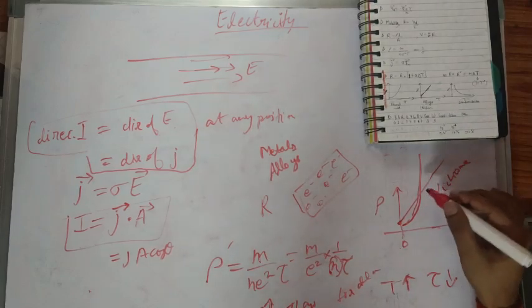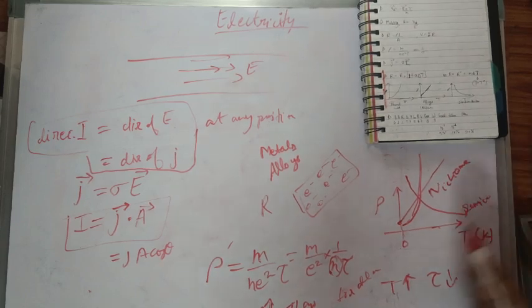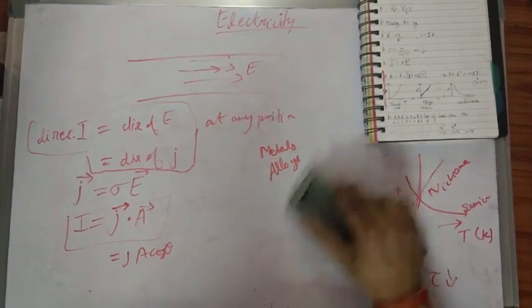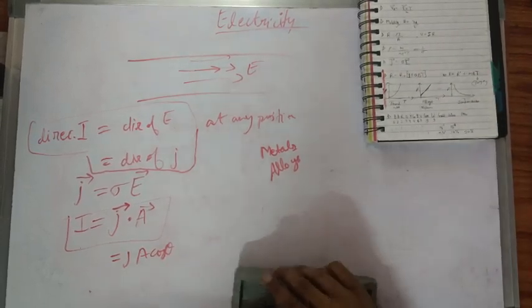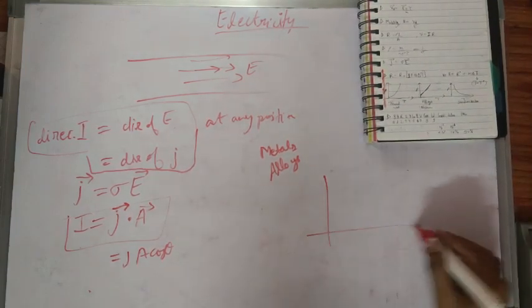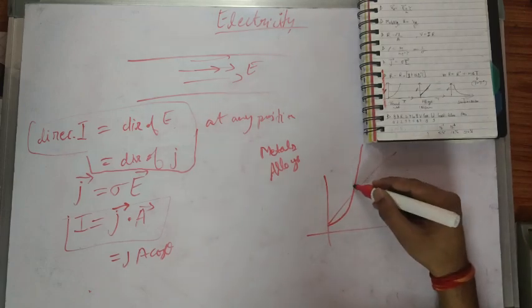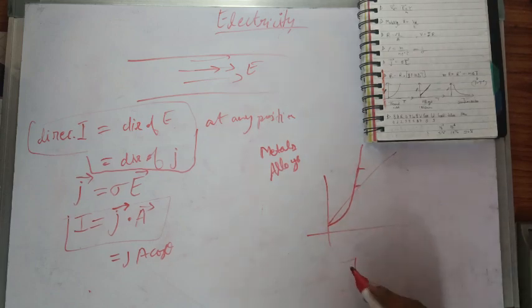So in case of semiconductors, the resistivity decreases. Now for alloys, or for a normal metal, for a small range of temperature, we can say that the resistivity changes linearly with temperature.